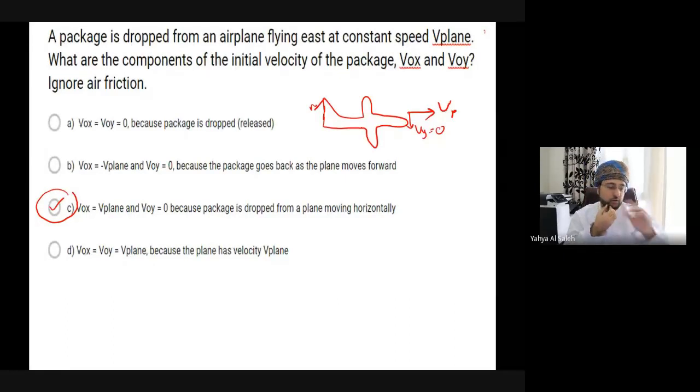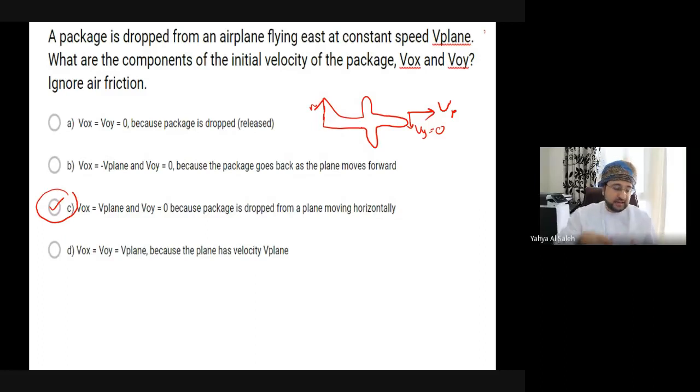It's not going down or up. Now, when I just leave the package, while I am inside the plane, everything is inside the plane. The package is inside the plane. Anything inside the plane is also moving with the plane, right? So it already has a velocity, Vp.